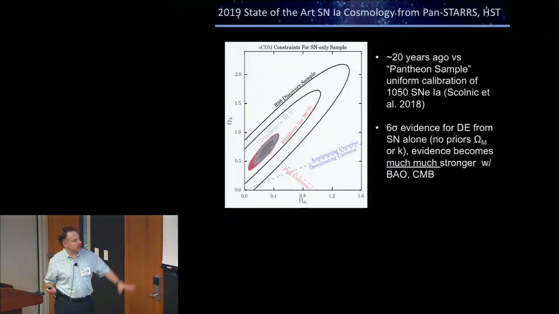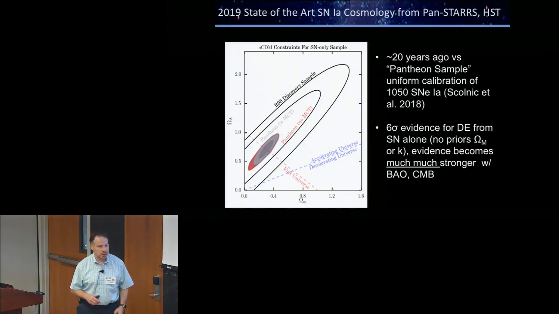And it's interesting to compare my first graduate student, Dan Scolnic, who's put together the largest sample of well-calibrated supernova data called the Pantheon sample that lots of people are using. When he actually fits now in the omega matter, omega lambda plane, the constraints from the Pantheon sample, you get a contour like this.